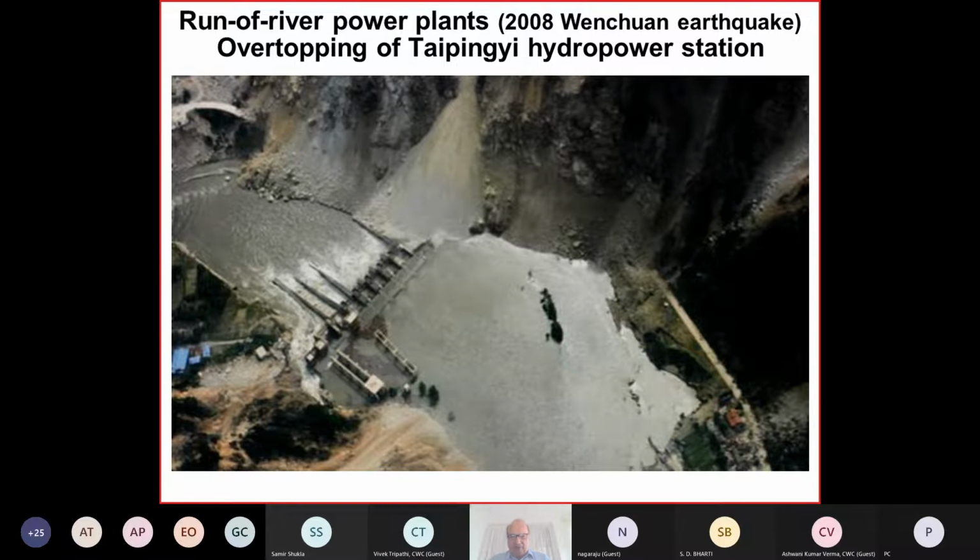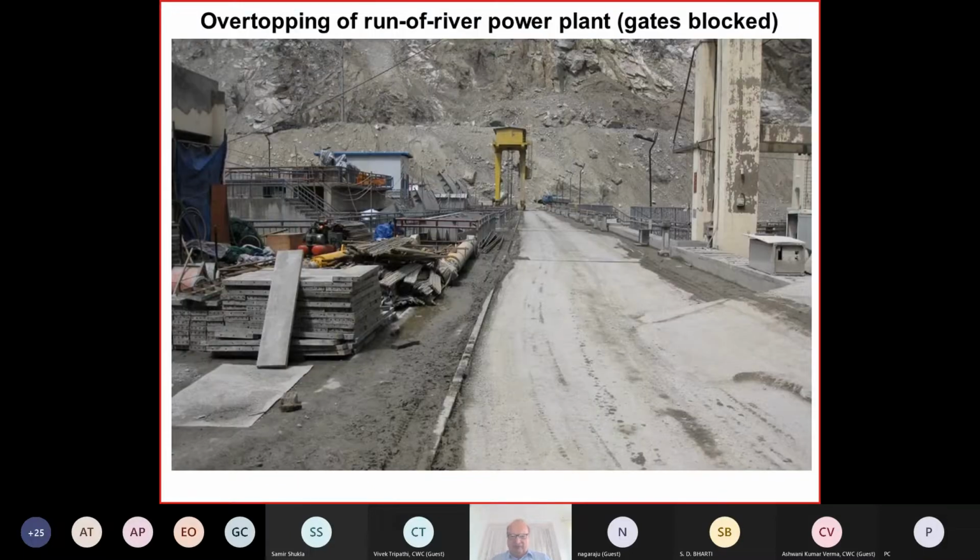So if you have high overtopping of such a gravity structure, you may end up with a sliding stability problem. So sometimes people forget that. Also, the overtopping does not create erosion problems like in the embankment dam, but it may create a sliding stability problem.